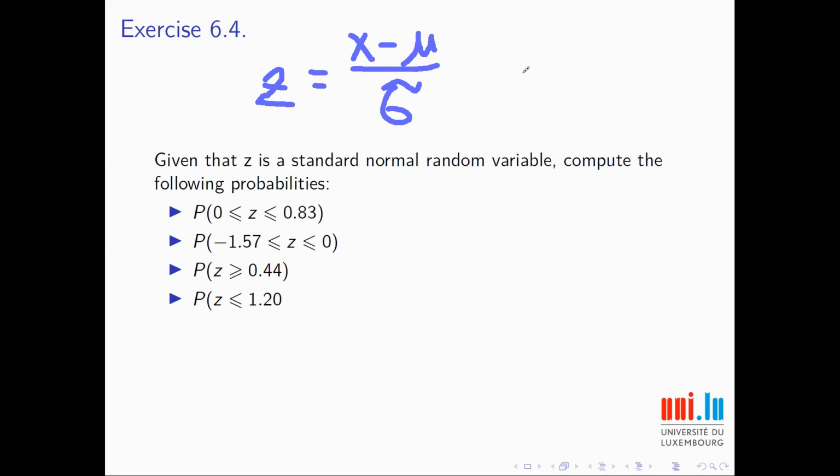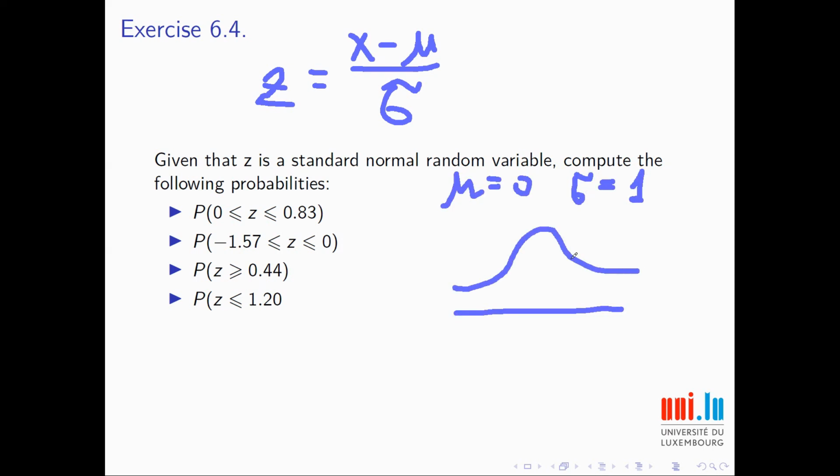And that's why it's called the standard normal random variable, because it's already standardized. For the standard normal, I have to remind you that the mean is equal to 0, and the standard deviation is equal to 1. And again, the normal distribution is a bell-shaped distribution, where the mean, mode, and median lie at the same point, which is the highest value of the probability function.